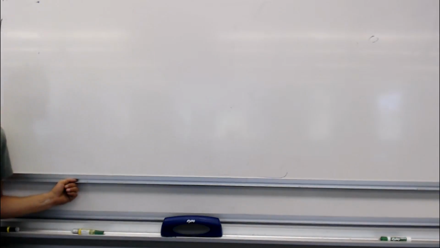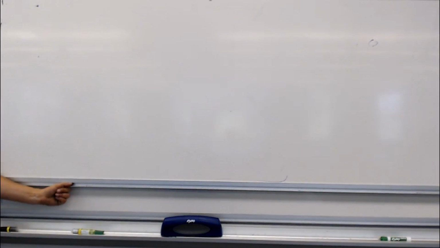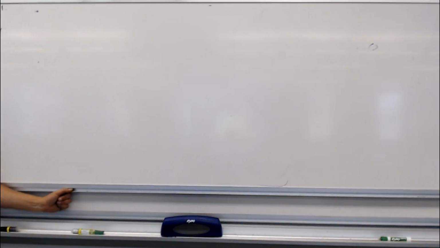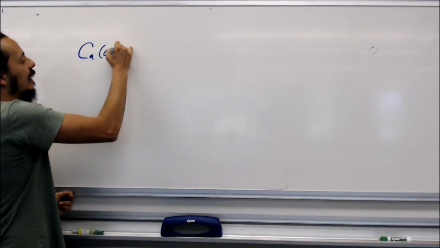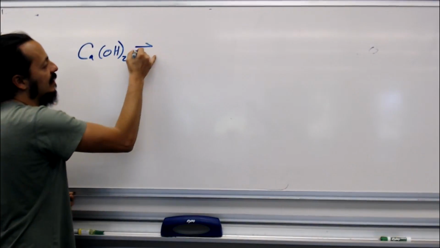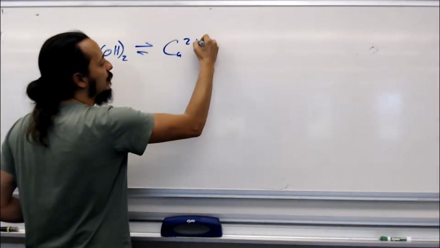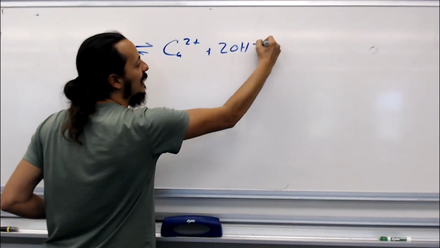Now, a common ion effect with H3O+, not very likely. One of the only places where I can think of a really good increase in pH, common ion effect, decreasing solubility, is if we're looking at something like calcium hydroxide, which would go to calcium 2+ plus 2OH-.